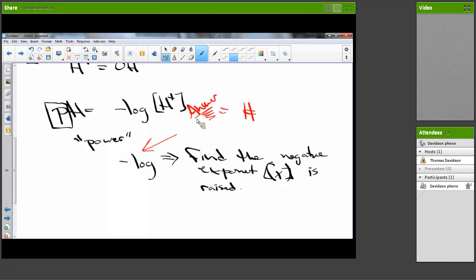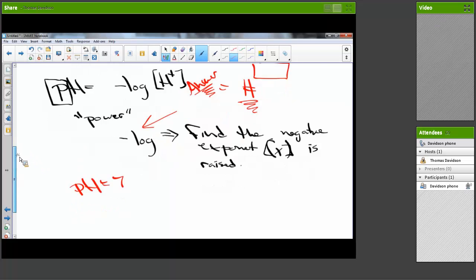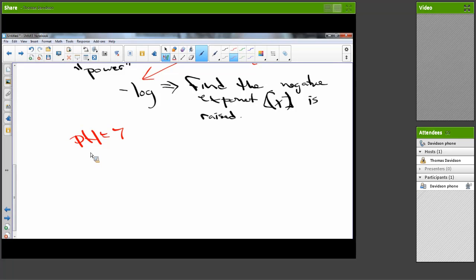You have the answer, but you're trying to find the exponent it's raised to that gave you that answer. That's all a log is. So pH means find me the negative exponent that the concentration of hydronium was raised to get that number. So if pH equals 7, then the H+ concentration is 1 times 10 to the negative 7.